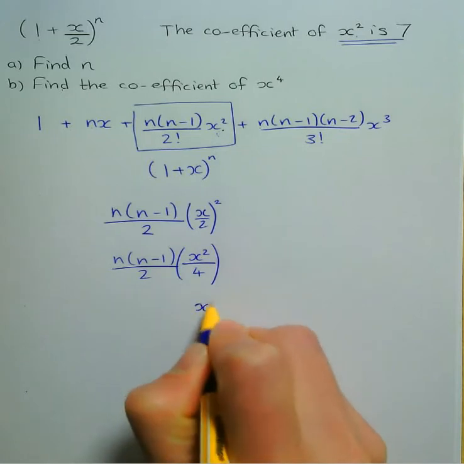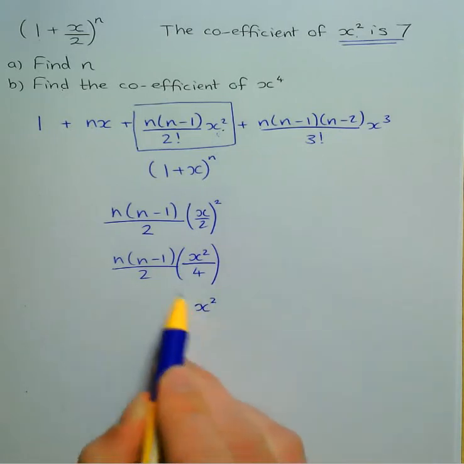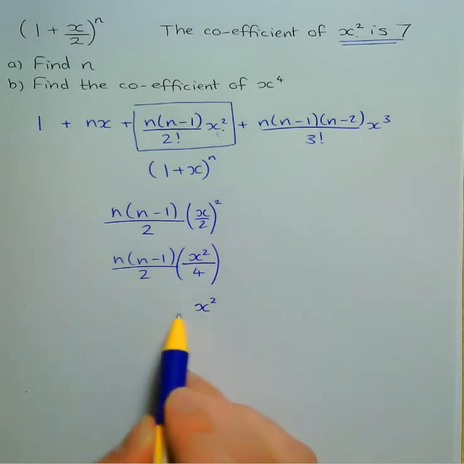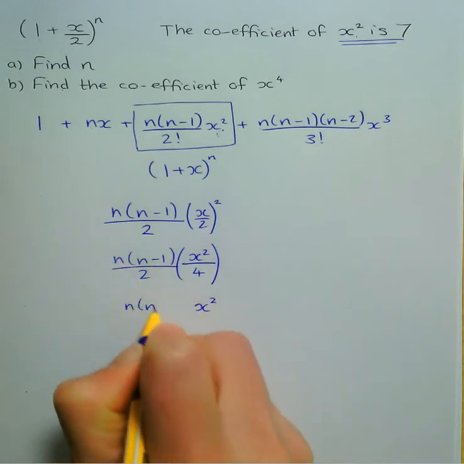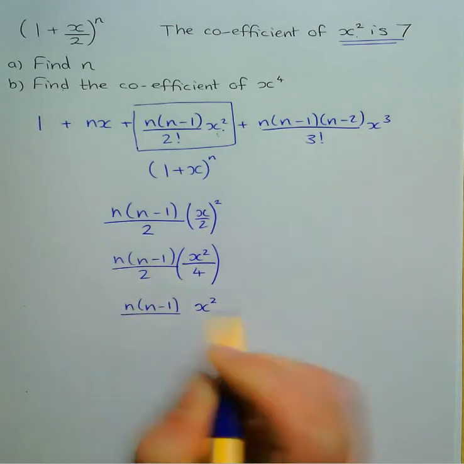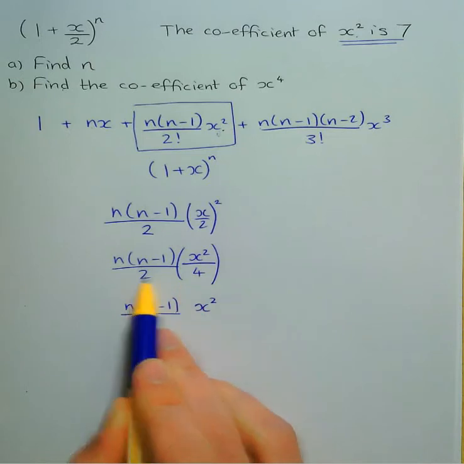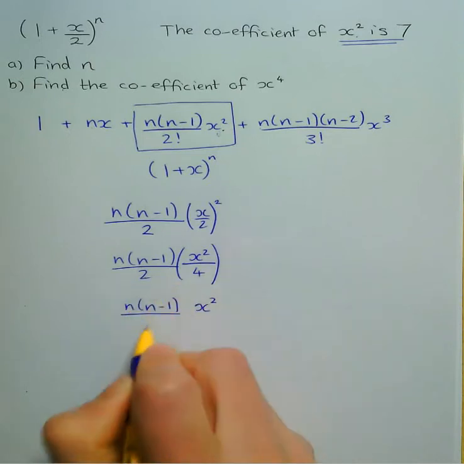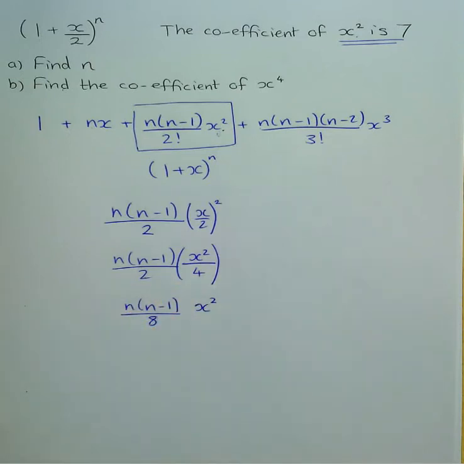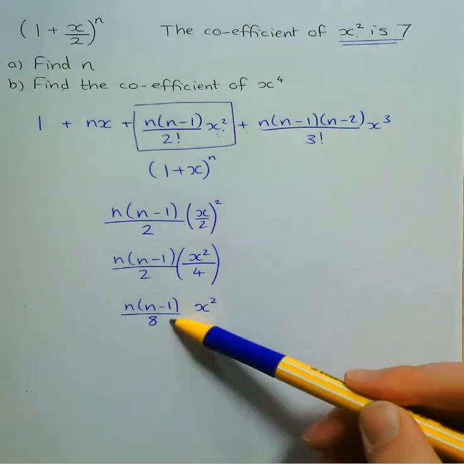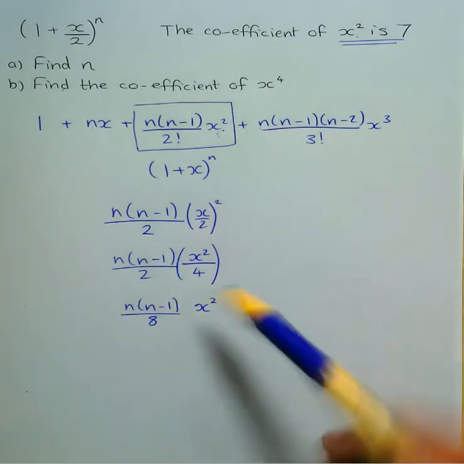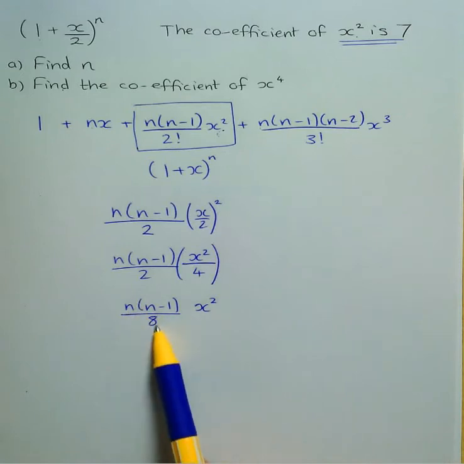So if I write the x squared there, I want just a coefficient here. So what's the numerator going to be? Well, there's only this on the numerator, so I'm going to write that again. On the denominator, we've got a 2 here and a 4 here being multiplied together, so we have 8. So using this alternative formula, my coefficient of x squared is n brackets n minus 1 all over 8.